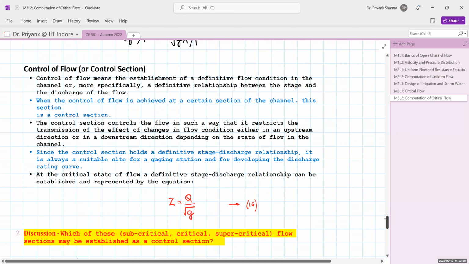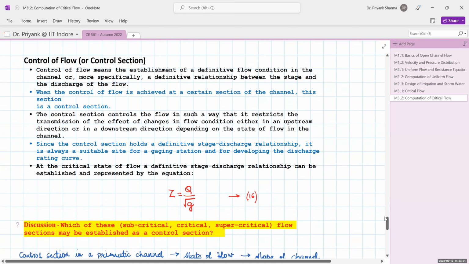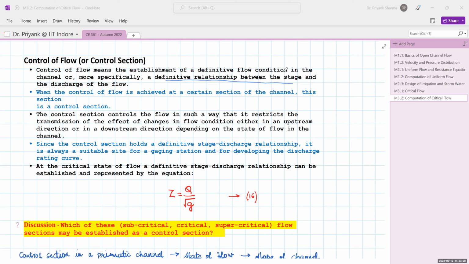Coming to the last part, that is control of flow or control section. So what does it mean? So controlling flow literally means that you have some parameters with the help of which you can control the nature of flow, or you can more efficiently define the flow condition. So literally, the control of flow means establishment of a definite flow condition in a channel, or a definite relationship must exist between the stage and discharge.